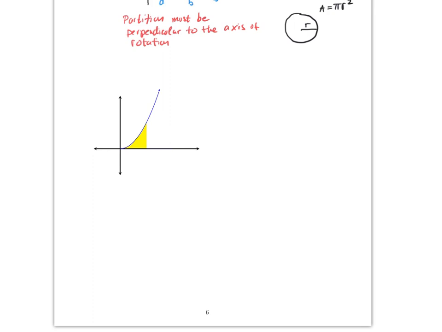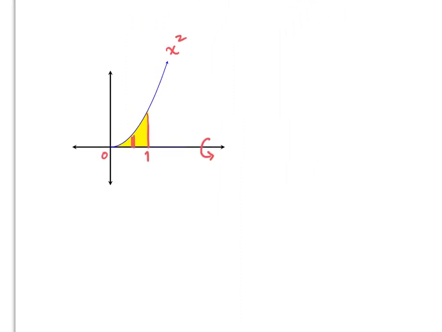All right, so let's get more specific on this. If you look closely at this function, this is technically x squared, and let's say you go from 0 to 1, so you want to find the volume if you were going to rotate on the x-axis. Here the partition, remember, has to be perpendicular. So this is the partition, which, like I mentioned earlier, is essentially just the radius.